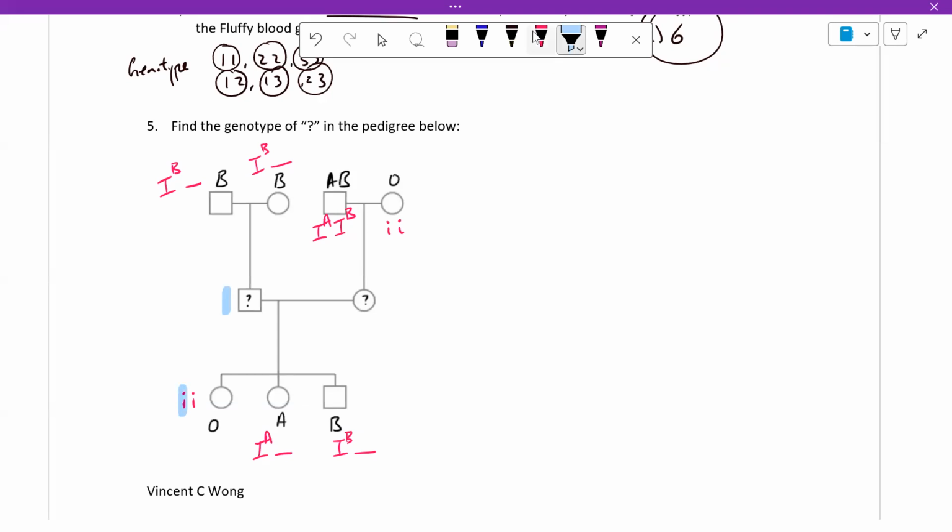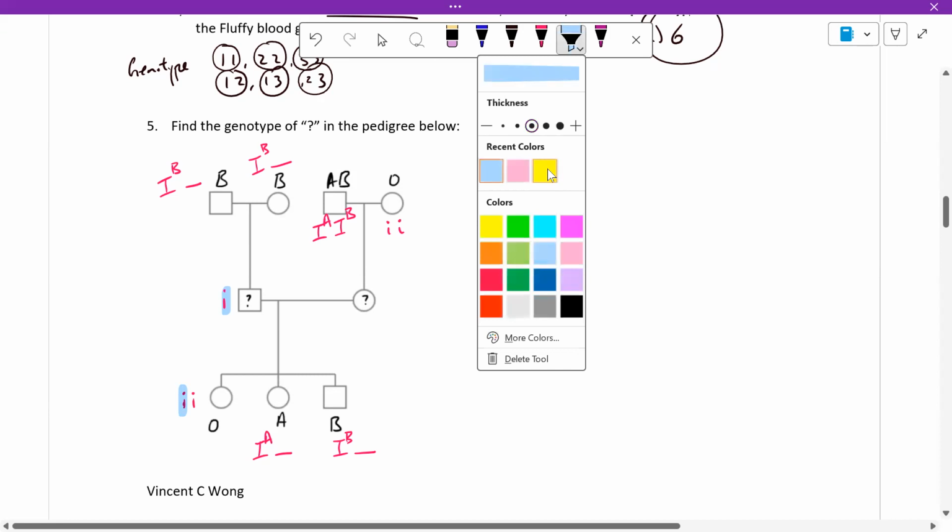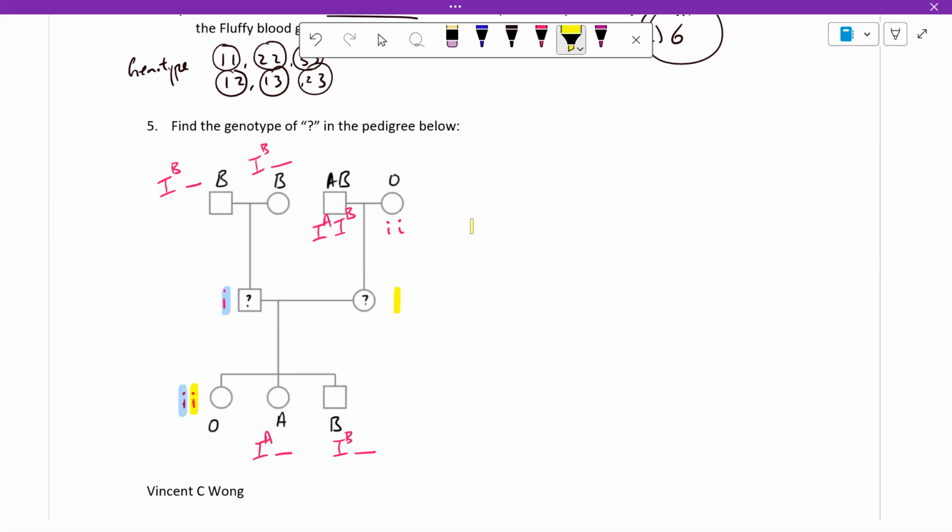It has to come from one of the parents. So I'm going to put the little i here. And then there is the other little i, which has to come from the other parent, right? That's for certain.